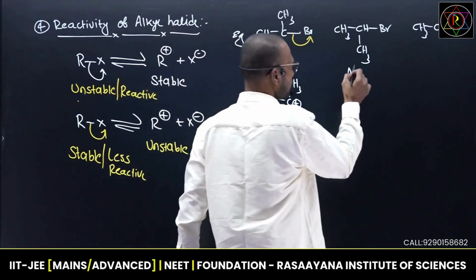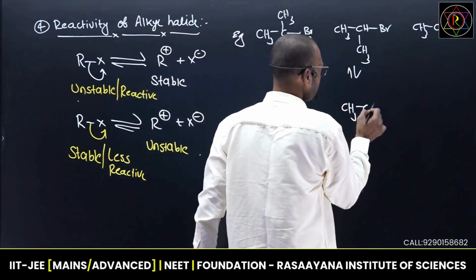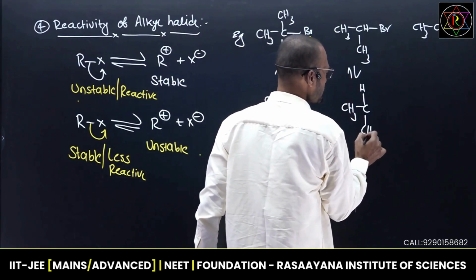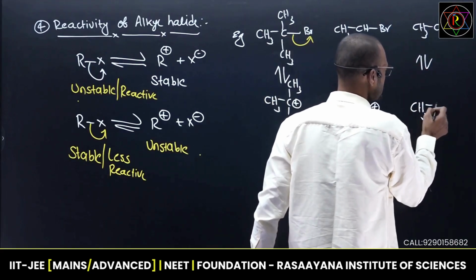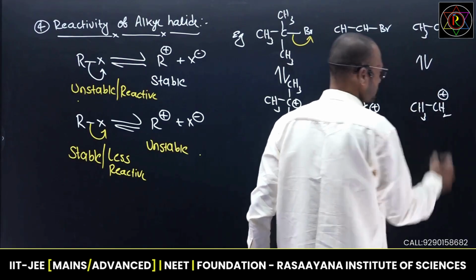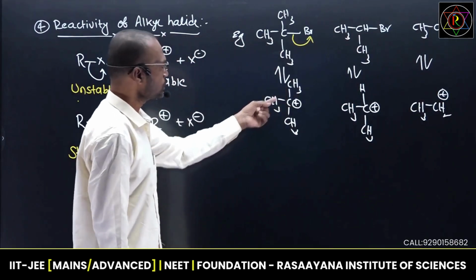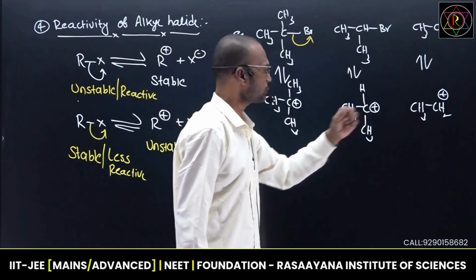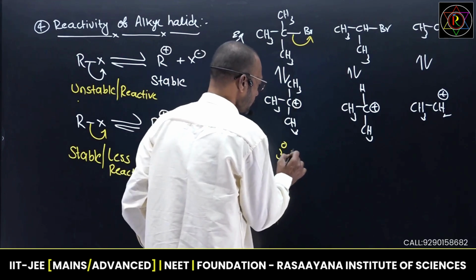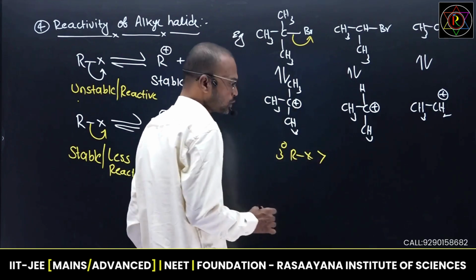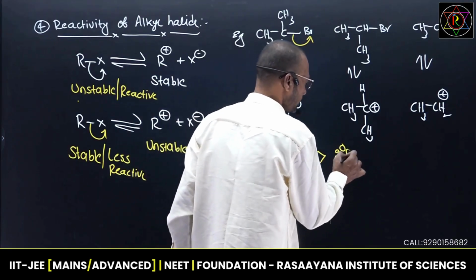Okay, later on you will get secondary. Here CH3 plus, then here CH3 CH2 plus, like this. So this is more stable, later on this one, later on this one. If this is more stable, this is more reactive. I can say that tertiary alkyl halide is more reactive as compared to secondary alkyl halide.